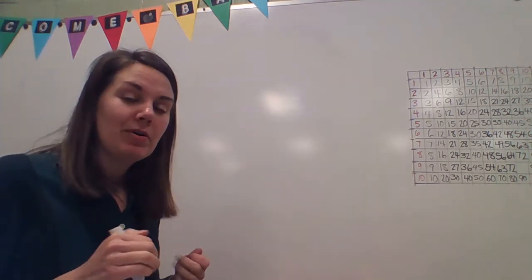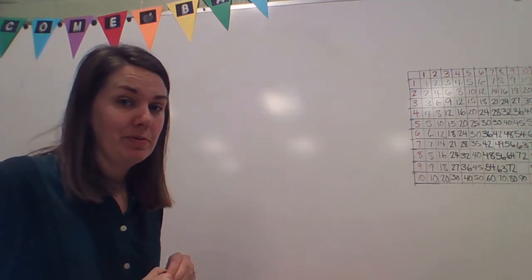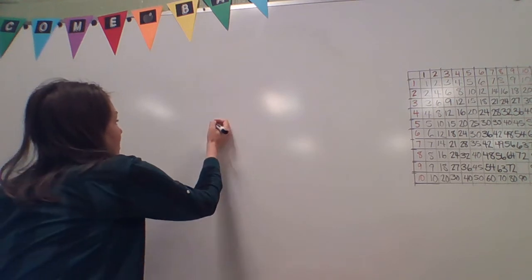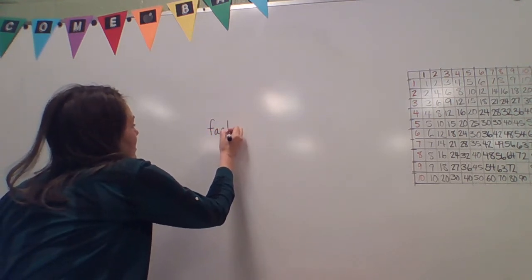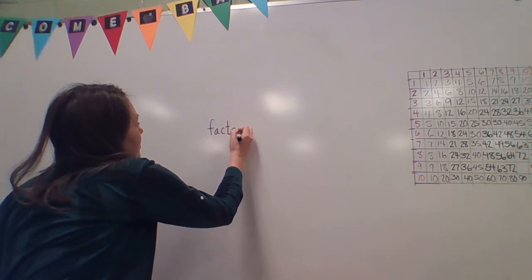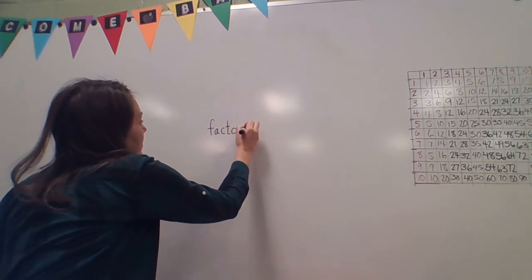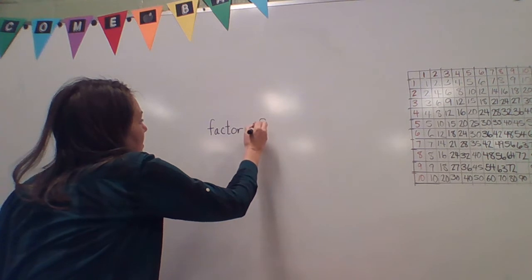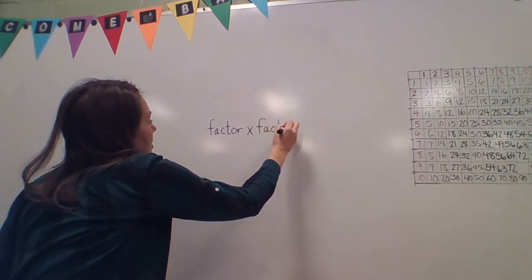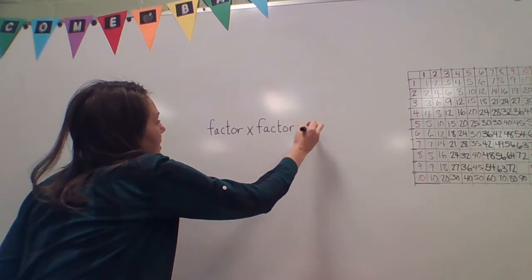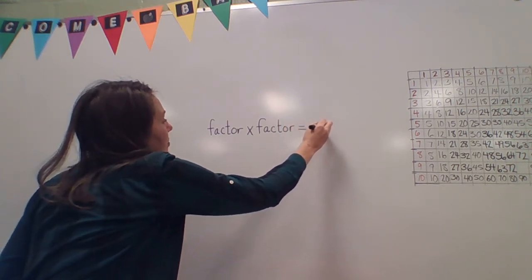So you may remember from last year learning about multiplication that a factor is one of the numbers that you multiply to get your answer to your multiplication problem, or your product.